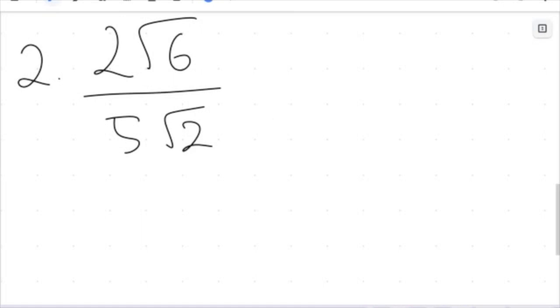So we're going to multiply the denominator here by just root 2, because that's going to be enough to make this from an irrational number to a rational number. And what we do to the bottom, we are going to do to the top.